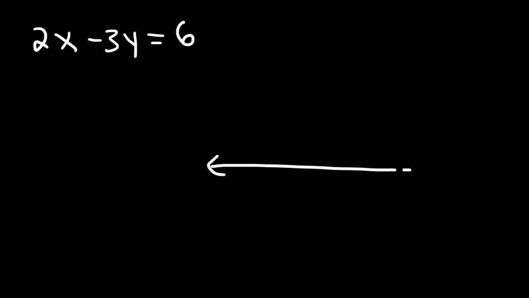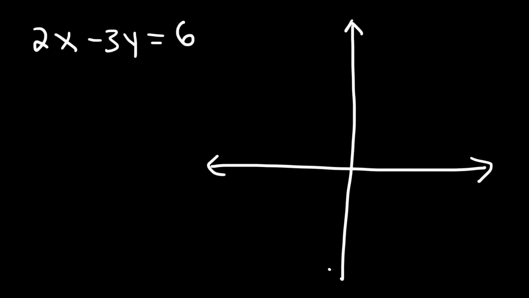Now sometimes you may need to graph a linear equation that is not in slope-intercept form. For instance, let's say if we're given this equation, 2x minus 3y is equal to 6. What can we do to graph this equation? In this case, what you want to do is find the x-intercept and the y-intercept.